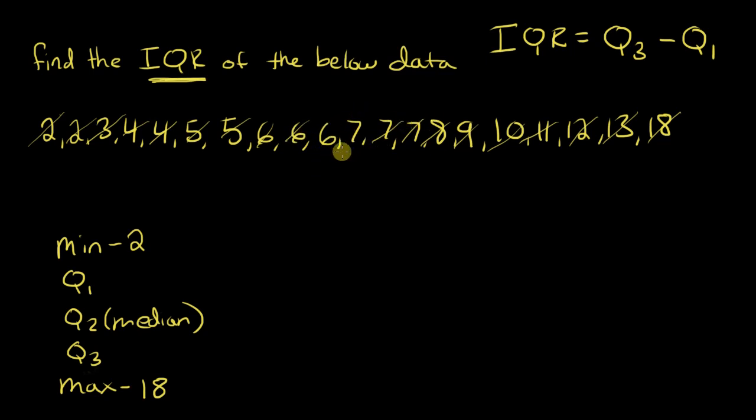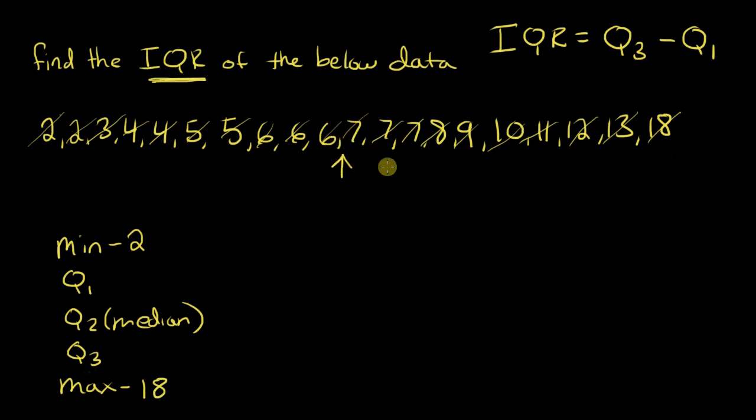Okay, I got to the center, and the median is going to have to be between these two numbers. So it's not any one of my observations. The median is not a particular observation for this data set. Rather, it's between 6 and 7, because when I crossed off each side, I got all the way to the center, and there it was between these two numbers.